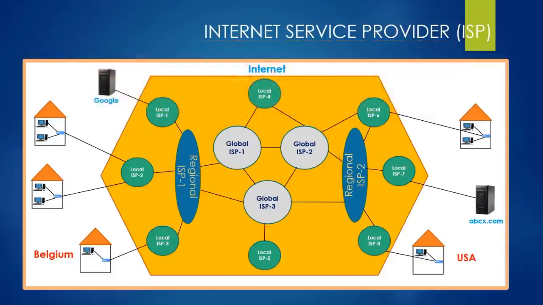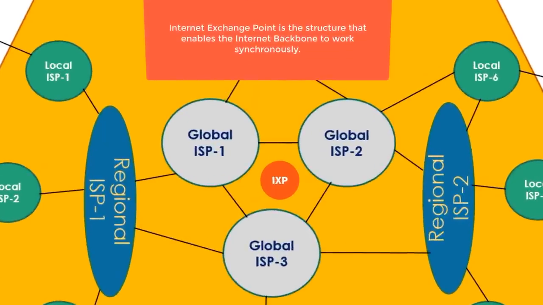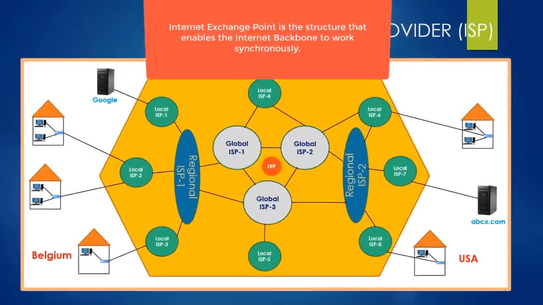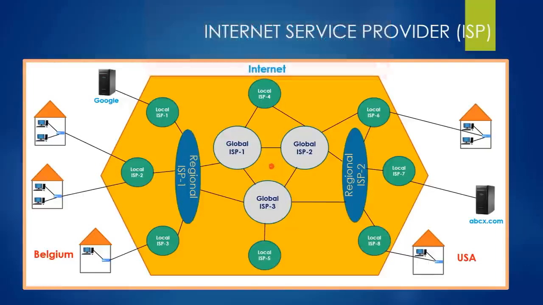In addition, there are structures called internet exchange points in order for the internet backbone to work synchronously and for global ISPs to communicate with each other more efficiently. And we briefly call these structures IXP or IX. Never forget that. And the last thing I want to mention is that you don't have to connect to a local ISP in order to connect to the internet.